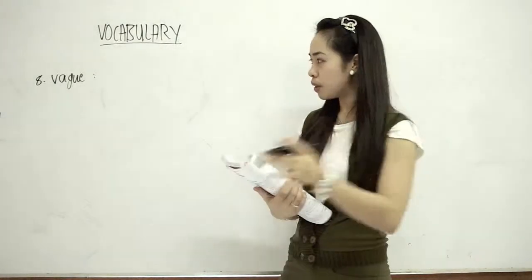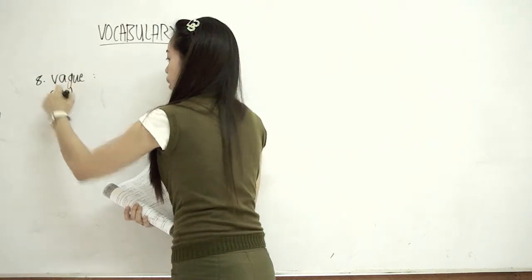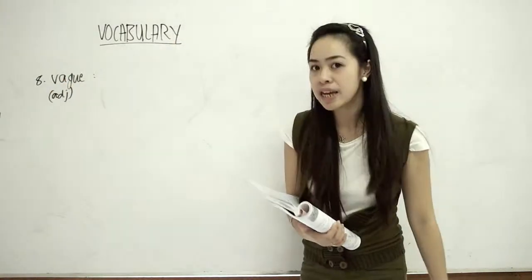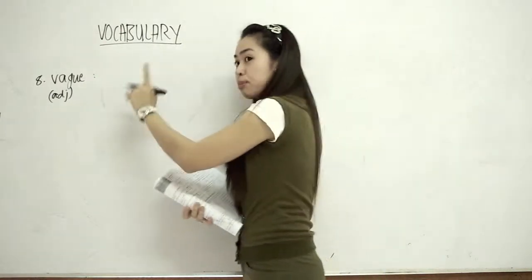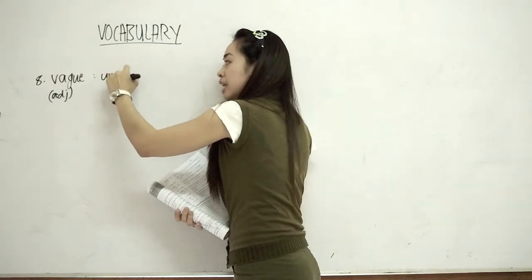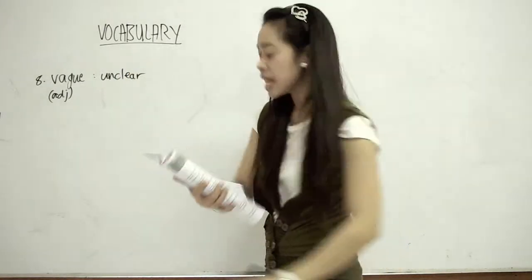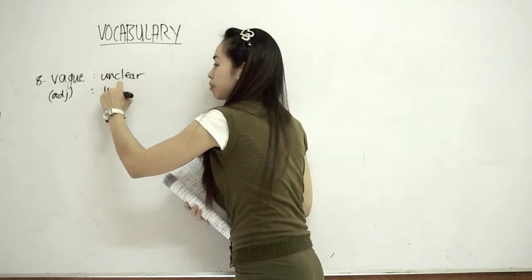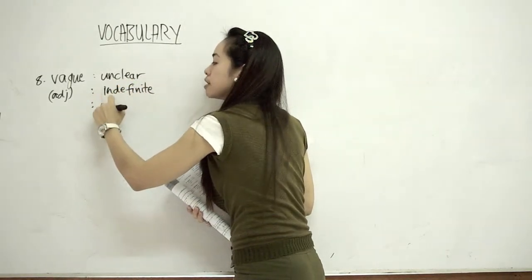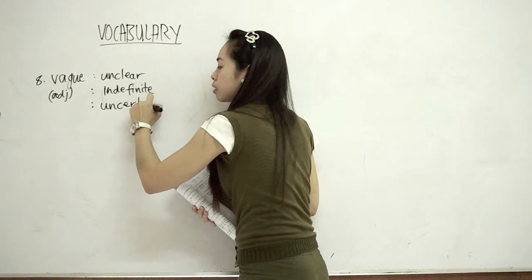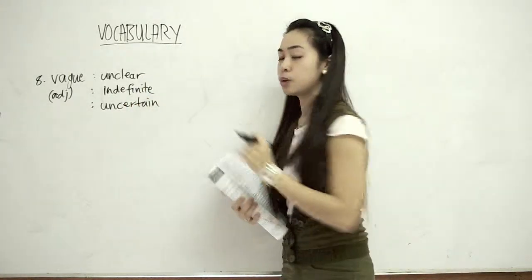When we say the word vague, it acts as an adjective. We mean to say something that is unclear, something that is indefinite, uncertain. So those are the synonyms for the word vague.